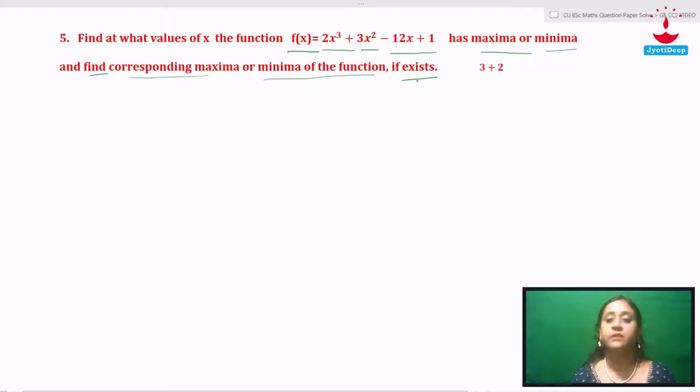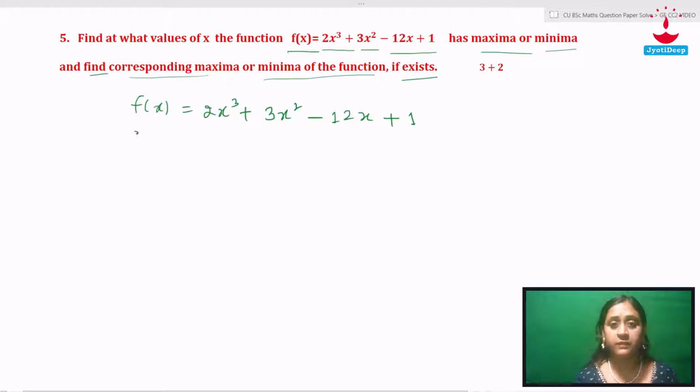Okay, so first of all we write f(x) is equal to 2x cube plus 3x square, not plus, it's minus 12x plus 1.